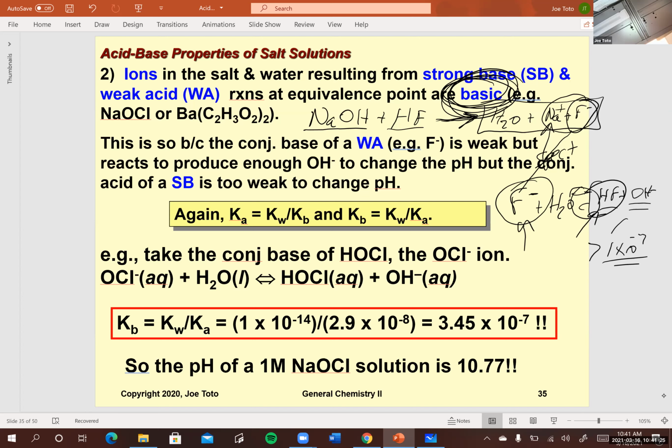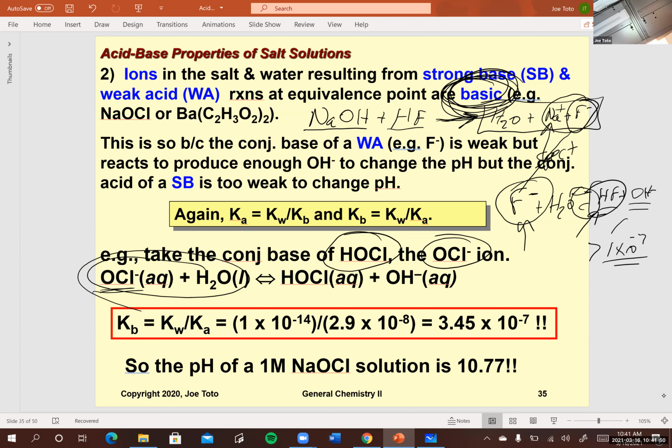And so that's what it says on this slide. It says, for example, the conjugate base of this weak acid is this guy. And if I react that in salty water, that's what I have left over from the neutralization that goes to completion.